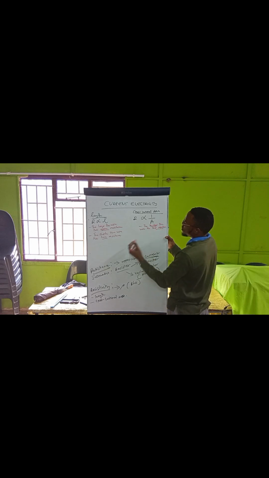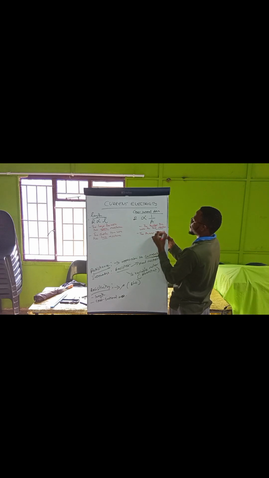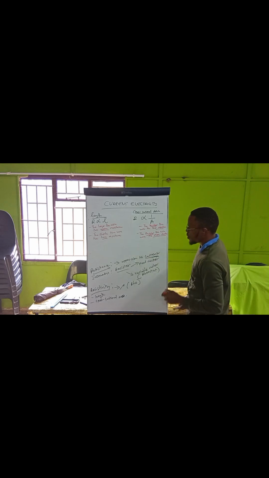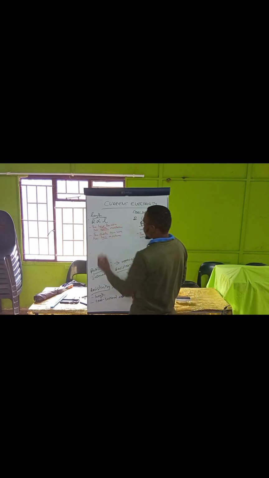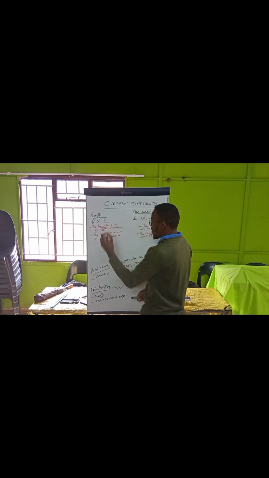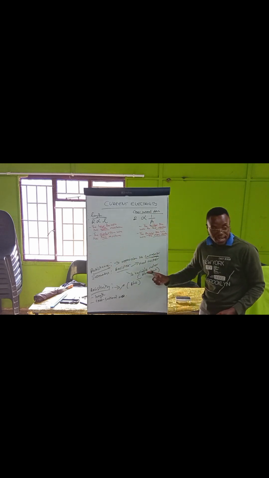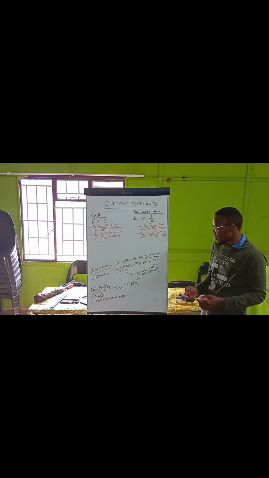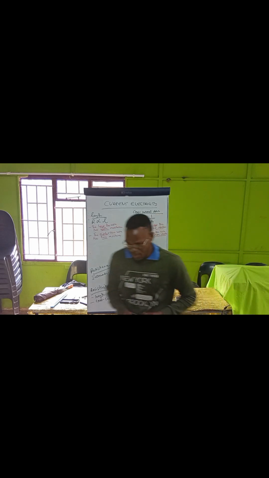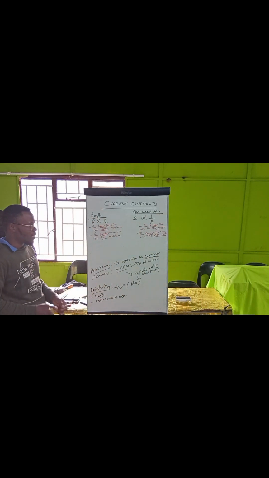Thicker, less resistance. The thinner the wire, the more resistance. So thinner, more resistance. Longer, more resistance. Shorter, less resistance. Thicker, less resistance. Thinner, more resistance. Now let me explain why this is the case.